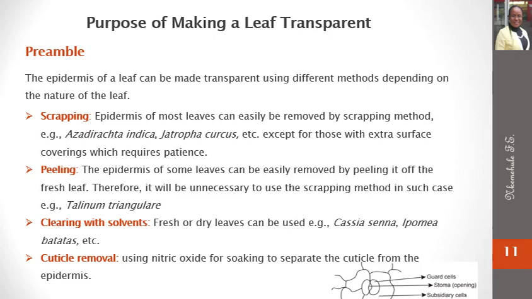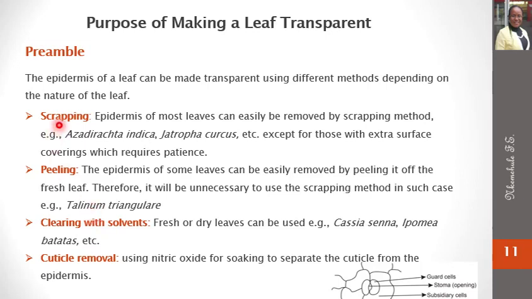Therefore, an indirect approach has to be used by first making the leaf transparent, either by scraping, peeling, clearing, or cuticular method. For example, the epidermis of Talinum can be easily removed by peeling.